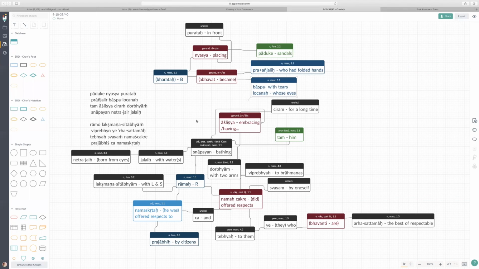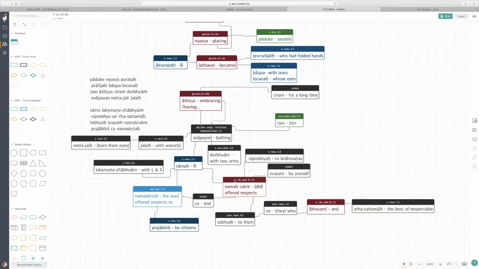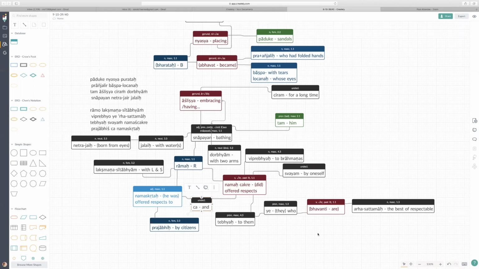And then the next sentence is: Rama, in his turn, having embraced him for a long time, and bathing him with tears, then, along with Sita and Lakshmana, offered respects to brahmanas by himself, and to those who were other best candidates for offering respects.